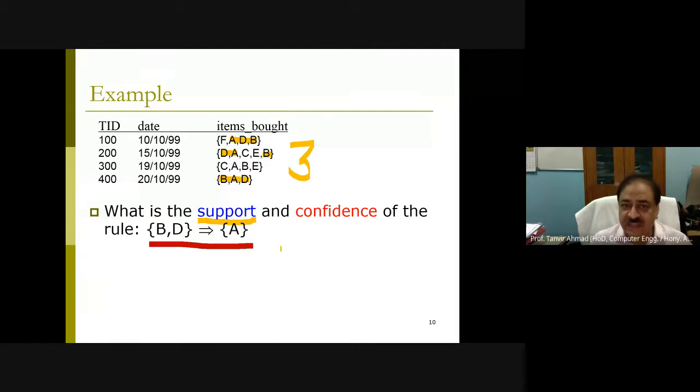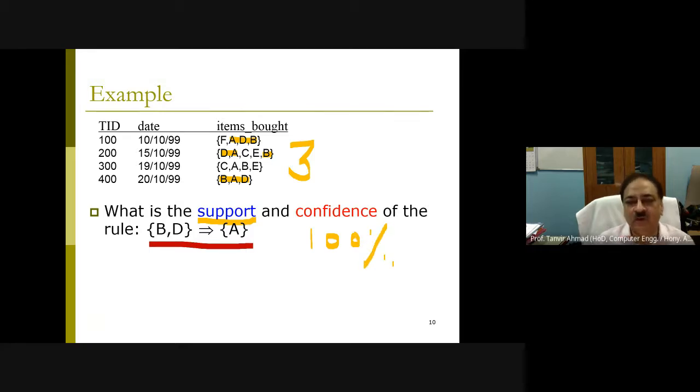What is the support of BD? B comma D. 3 only, because there are 3 transactions. Therefore, the support of BD is also 3, and the confidence will become equal to 100%, because it is 3 by 3.